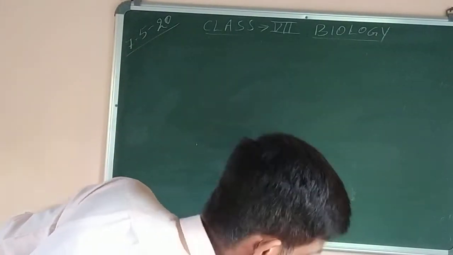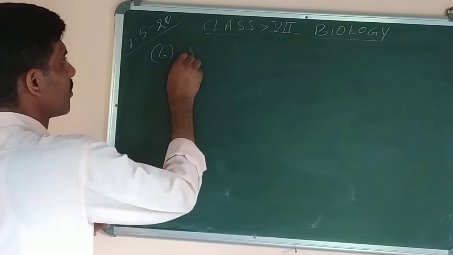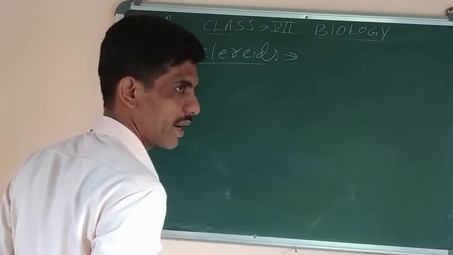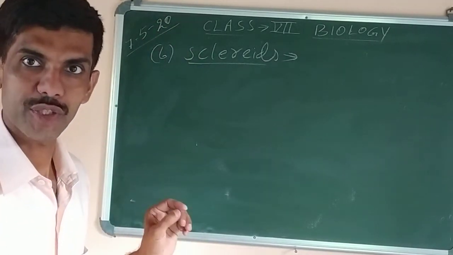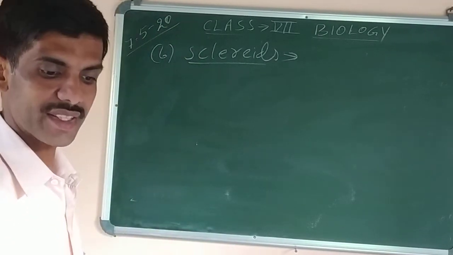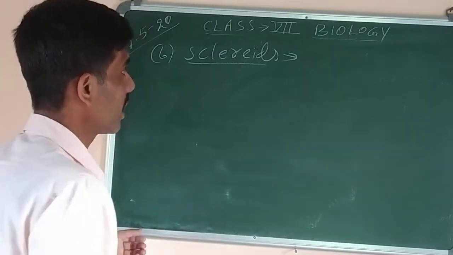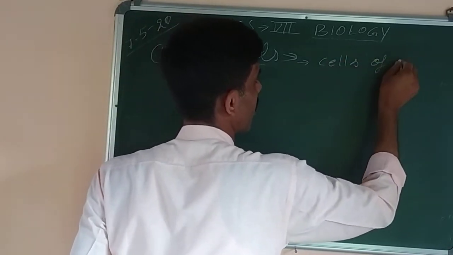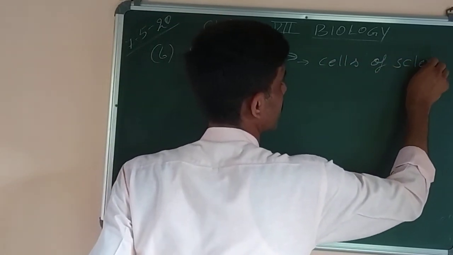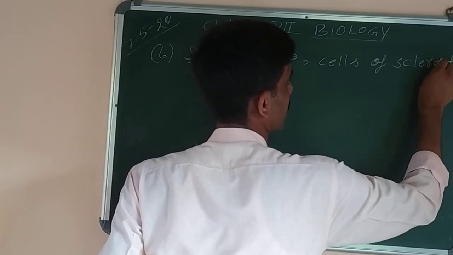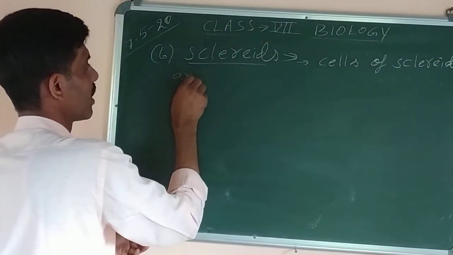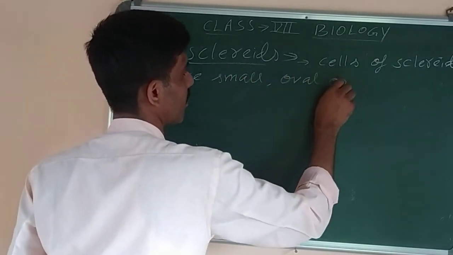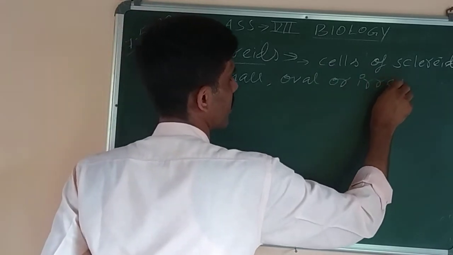Okay, this one, sclerite. B, the second type of cell of sclerenchyma is called sclerites. They are small spherical cells. Cells of sclerites are small, oval or irregular in shape.